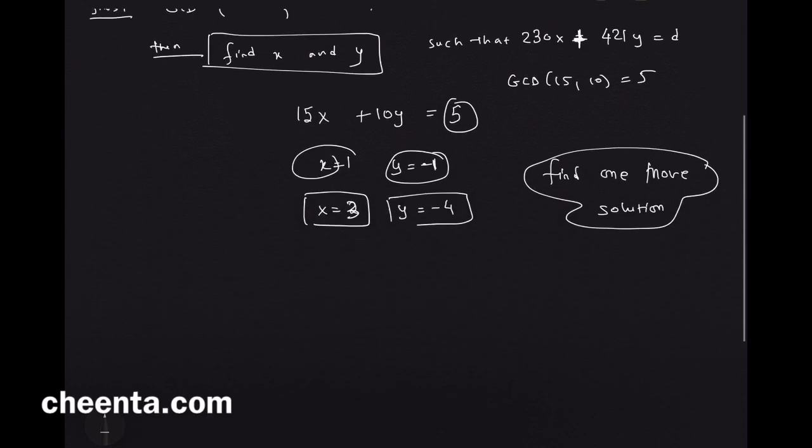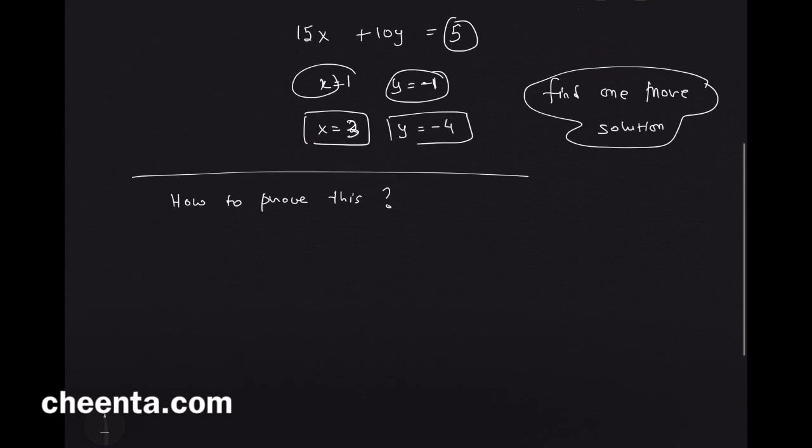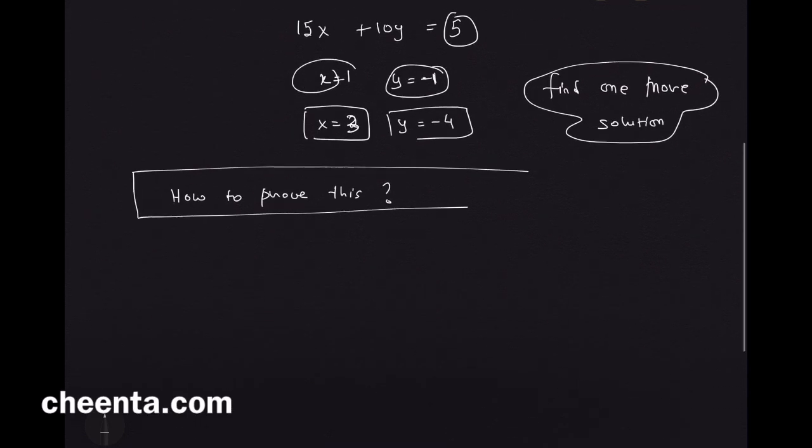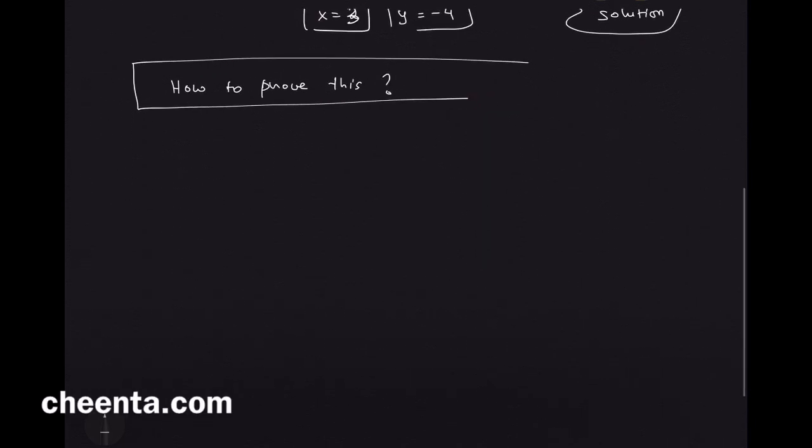Okay. How do we prove this? This is very important because writing mathematics is one of the most important parts of doing mathematics. So let's see how we can do this.